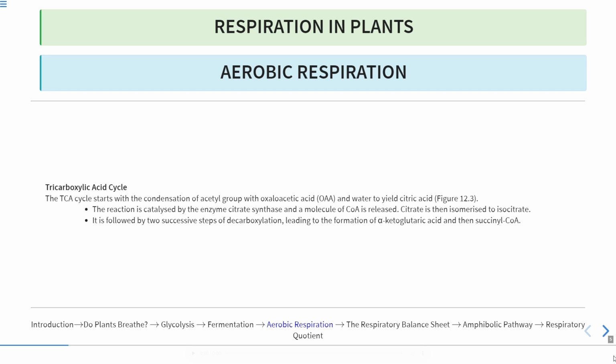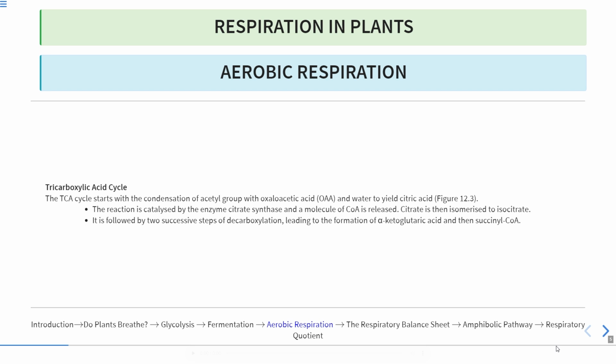So citrate is converted to isocitrate in the presence of aconitase, and it is followed by two successive steps of decarboxylation, leading to the formation of alpha ketoglutarate.